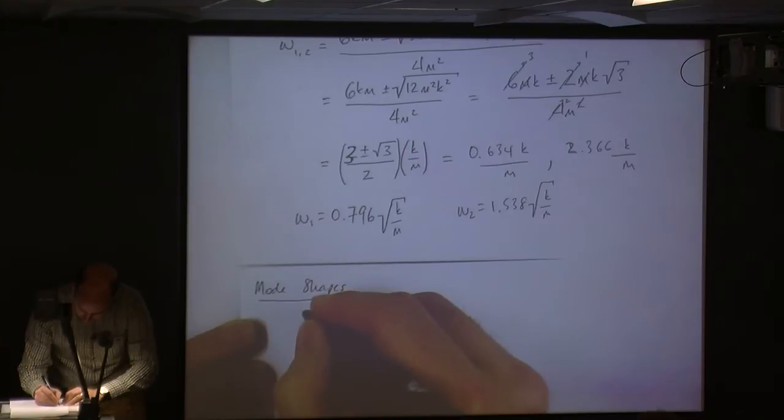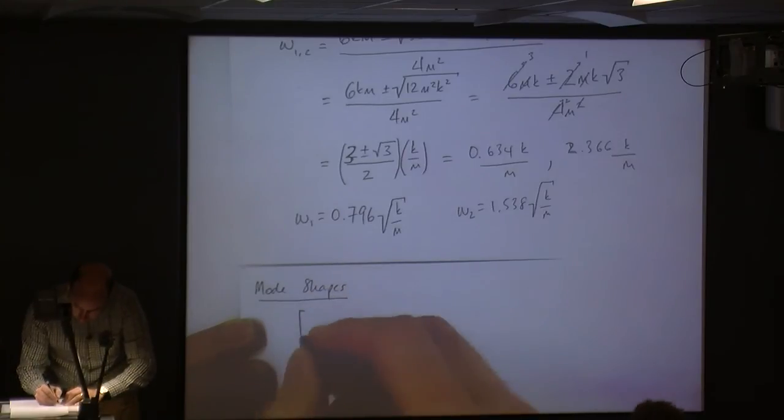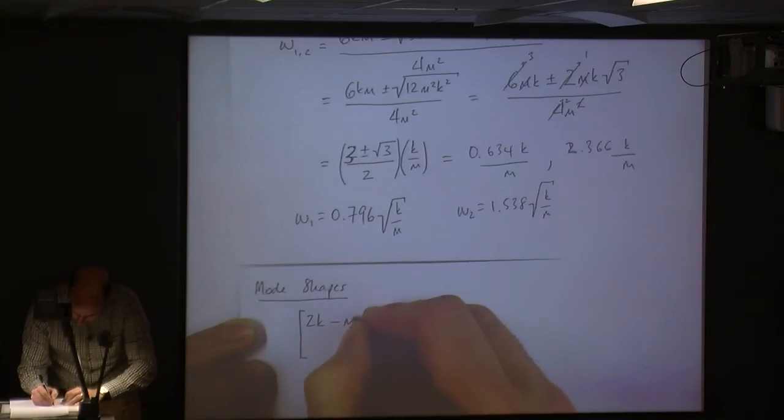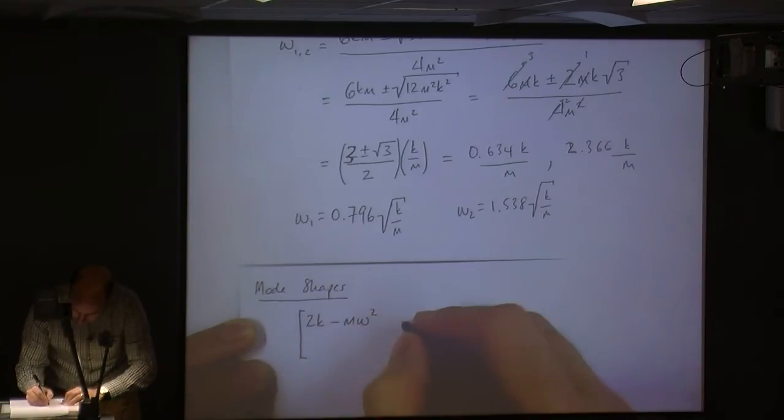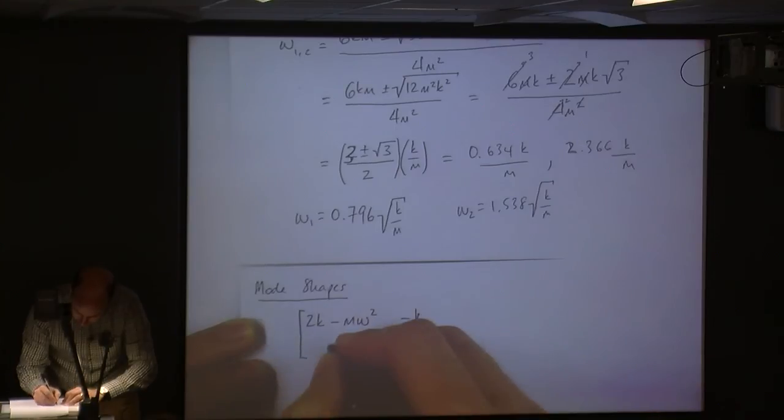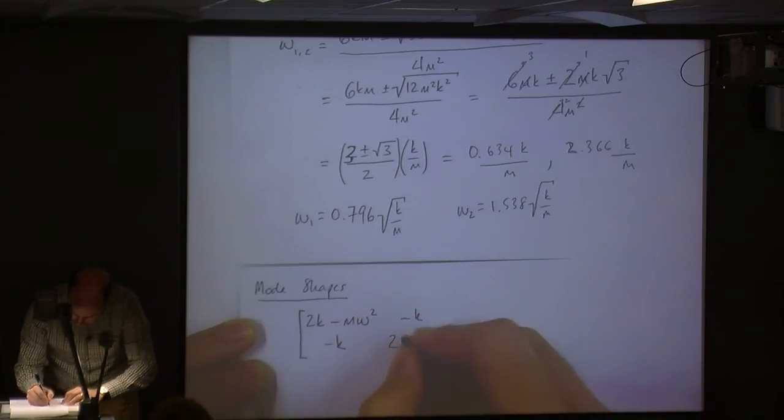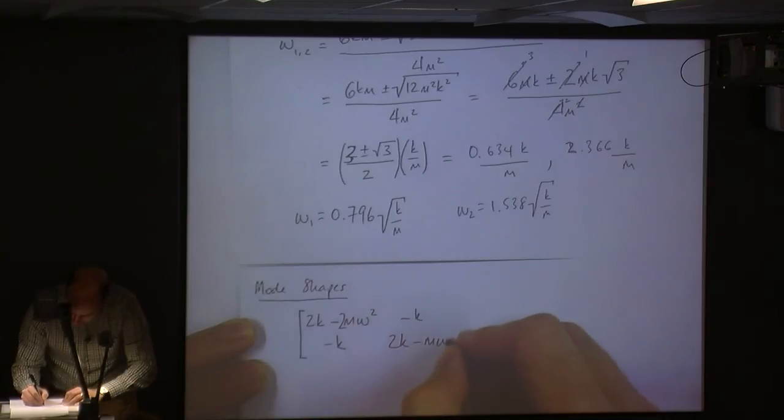We end up with 2k minus m omega squared, minus k, 2k, 2 minus m omega squared.